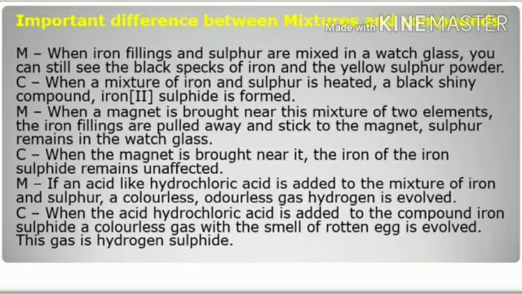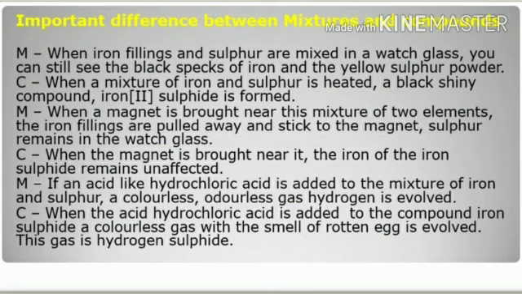Now, the important differences between mixtures and compounds. Mixture. When iron filings and sulfur are mixed in a watch glass, you can still see the black specks of iron and the yellow sulfur powder, whereas in a compound, when a mixture of iron and sulfur is heated, a black shiny compound, iron(II) sulfide, FeS, is formed.